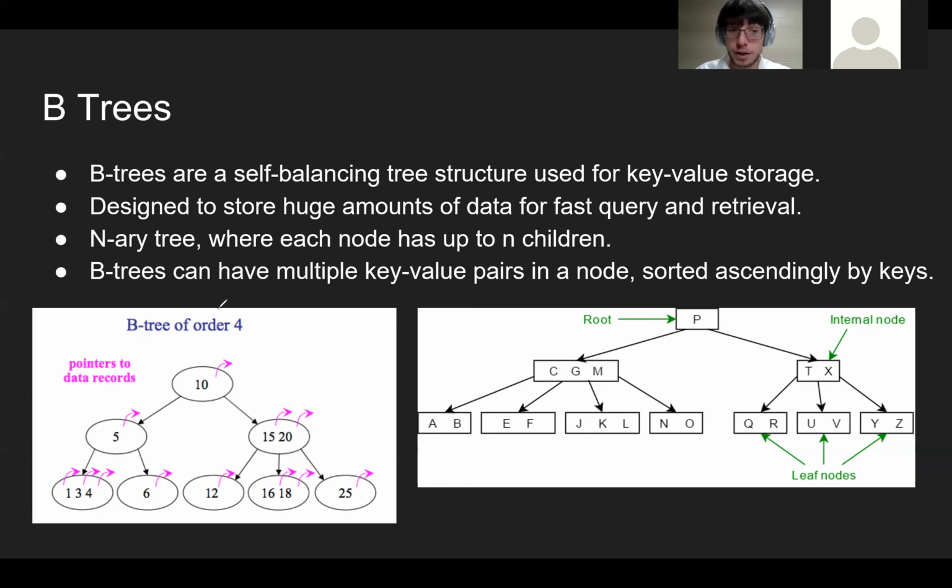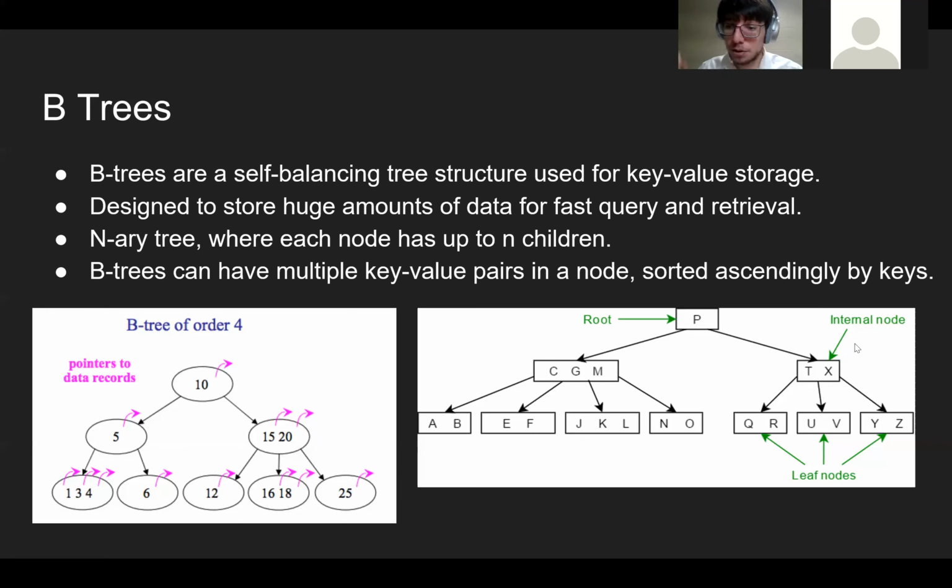B trees are an n-ary tree. Each node has multiple values, but also keys. Key value pairs in B trees just means that, for the moment, you can assume each of these is a value. We'll see the difference and why we specify that a couple slides from now, but don't worry too much for the moment. They're self-balancing, and they store key value pairs.